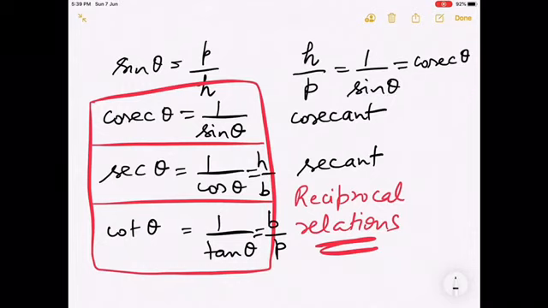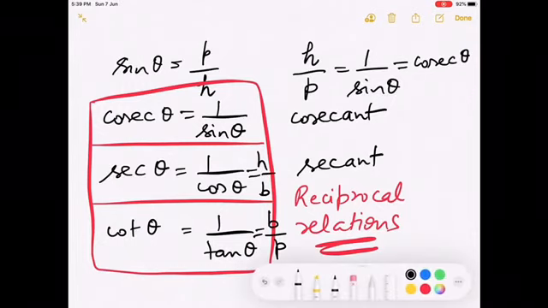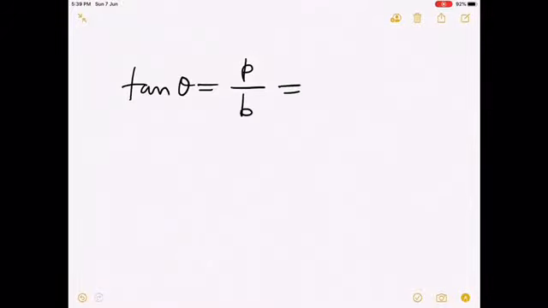Now let us consider a few more things. Let us consider the ratio of tan theta first. As we know, tan theta is perpendicular upon base, and in a fraction, if we divide both numerator and denominator by the same object, then the fraction will not change.